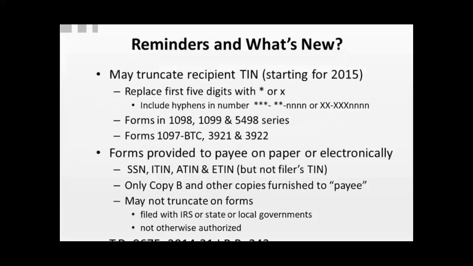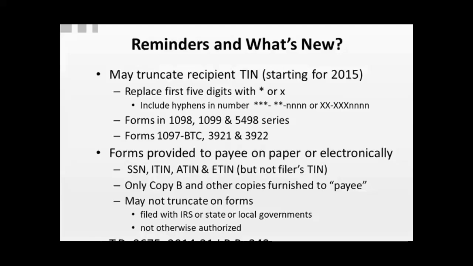Truncating Social Security numbers, you can do this on 1099s. The forms that it's allowed on from Treasury Decision 9675, which is from 2014, are listed under that first bullet point. You can replace the first 5 digits of the Social Security number, the employer identification number, or the ITIN with asterisks or X's.